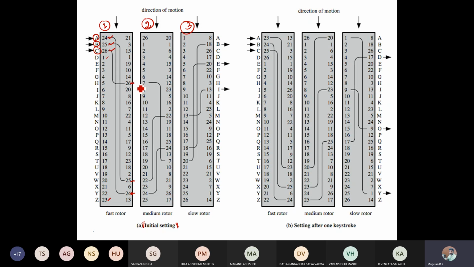Now these pins are connected to the second rotor in different numbers. You can see 26 is connected to 7, 25 is connected to 22, and 24 is connected to 24. In this case, the key setting is such that in this 24 itself, both the input and output pins are the same.